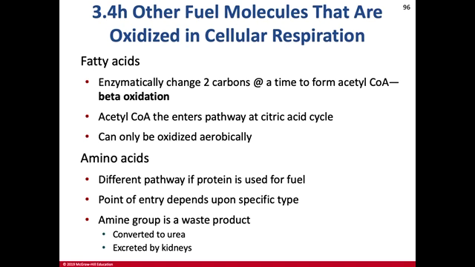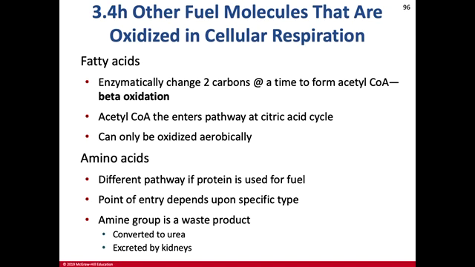So you get 10 turns of the cycle with one fatty acid, which is why when you look at a triglyceride with 3 fatty acid tails, you're looking at a lot of ATP, right? That's the demonstration that there are more calories, more energy in a triglyceride than there are in a carbohydrate or in a protein, in an amino acid, okay?